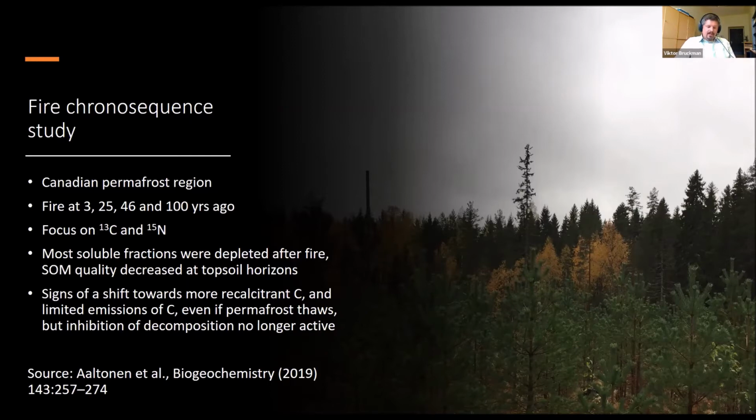And this is, as I said, actually good news, but unfortunately we are living in a complex world, and it's not only good news because at the same time, the permafrost has less time to recover after such a fire and reach its original depth, and therefore the permafrost soil organic matter, although it is possibly recalcitrant, or we saw signs that it is recalcitrant, is still vulnerable to decomposition for longer periods of time, simply because it is not locked in permafrost and therefore unavailable for microbial decomposition.